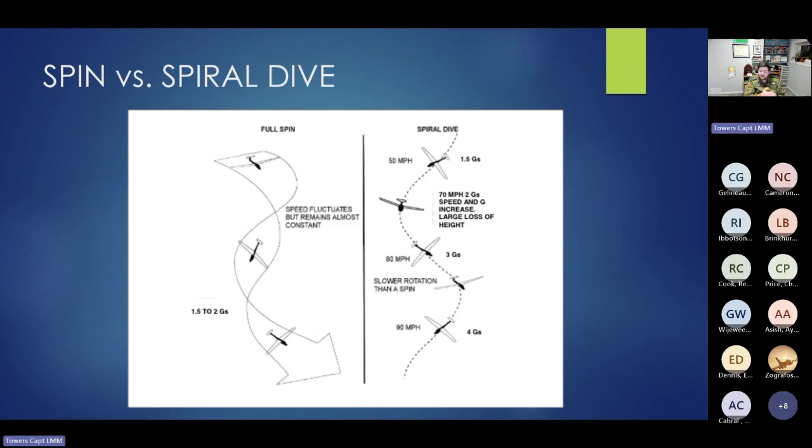So that's, again, why we were talking about the secondary controls and how they have more than one use. That's why it's important to know all of the controls you have available to you as a pilot and how you can use them in all the different situations you might be in. Does that kind of answer that situation?